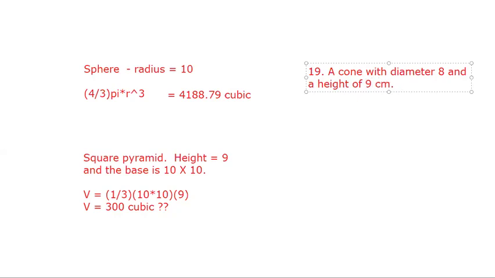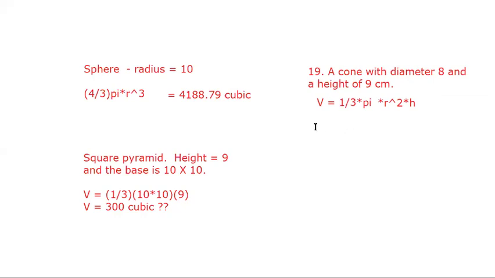So instead of giving you a picture, they've just given you some words. Well, we have the formula for the volume of a cone. It's 1/3 pi r squared h. So volume equals 1/3 times pi times r squared times h. Have they given you the radius?